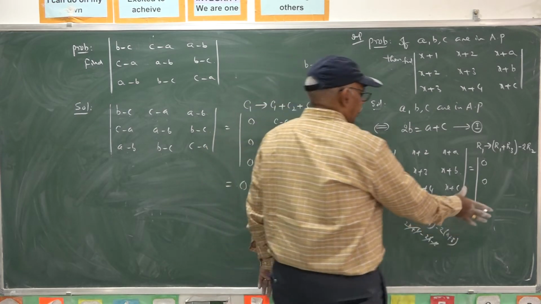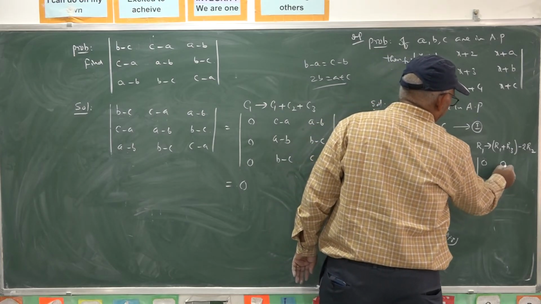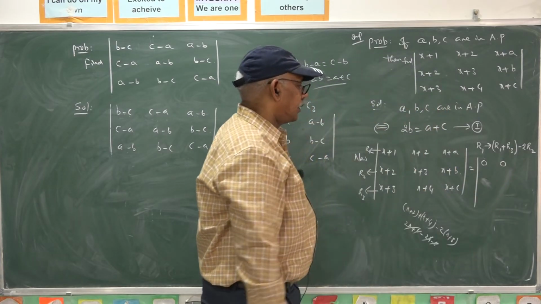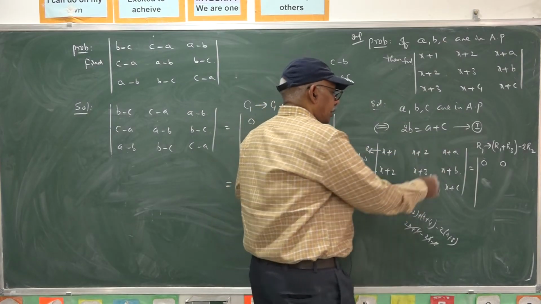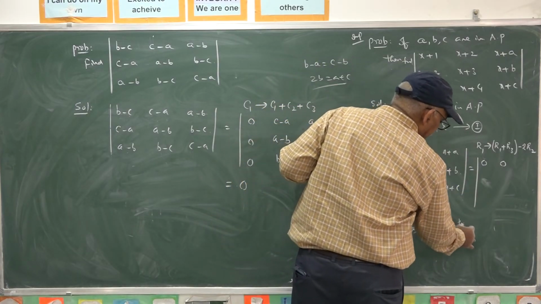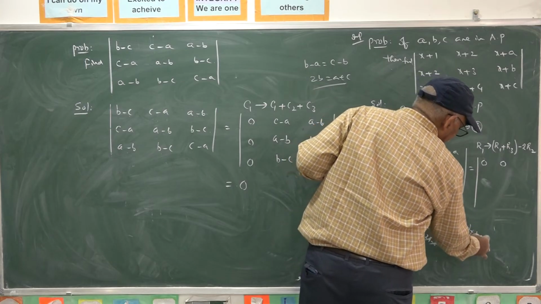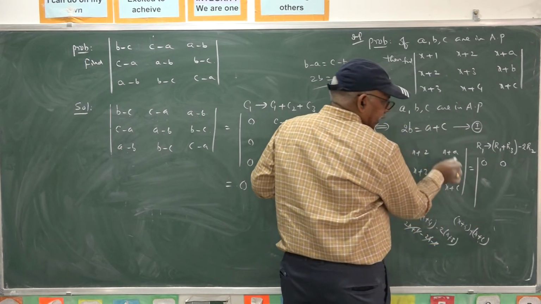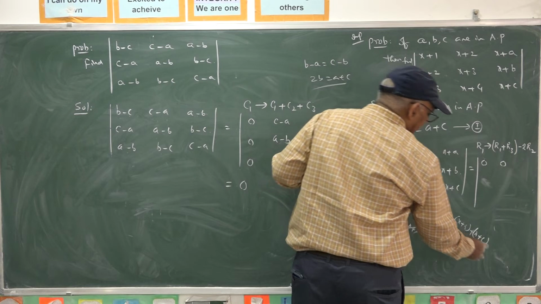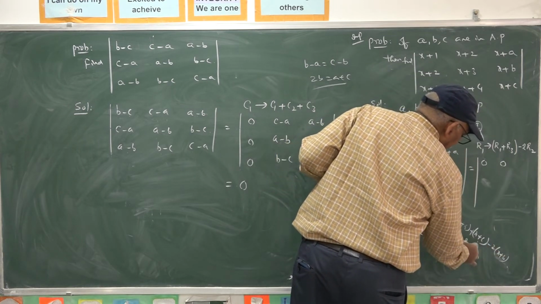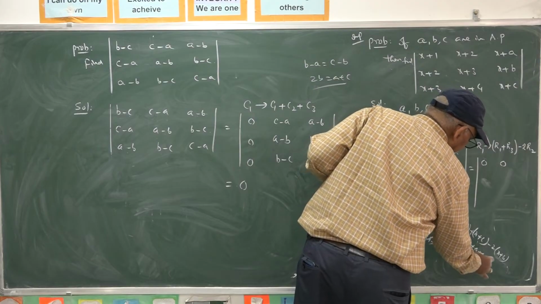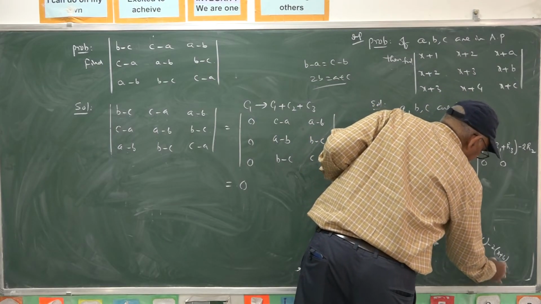Similarly, for these elements, adding x plus a plus x plus c, row wise, minus twice x plus b, gives 2x plus a plus c minus 2x minus 2b.